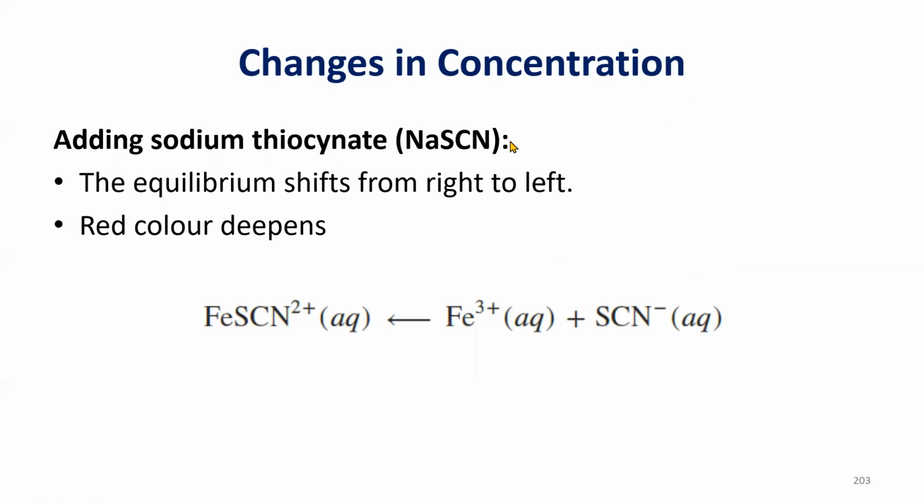When you add sodium thiocyanate, essentially what is happening is that you're adding the thiocyanate ion into the solution. Okay. So when you add thiocyanate ion into the solution, it means that you are increasing the concentration of thiocyanate in this equilibrium up here.